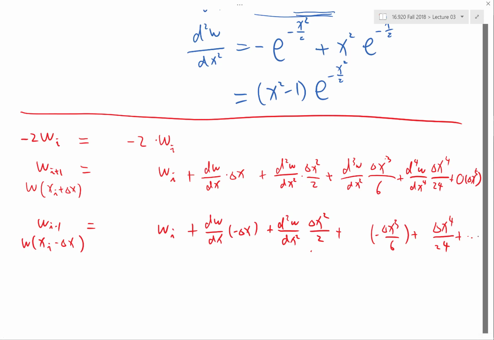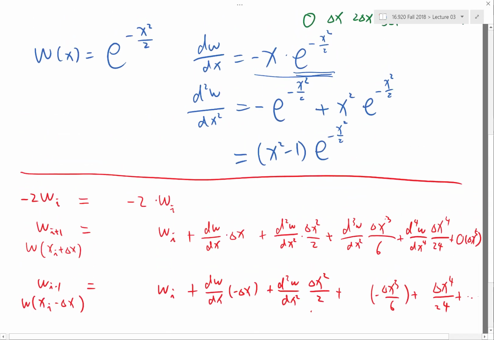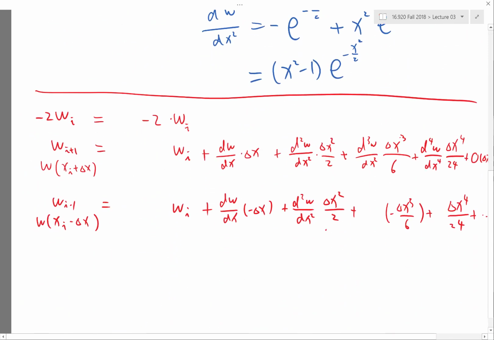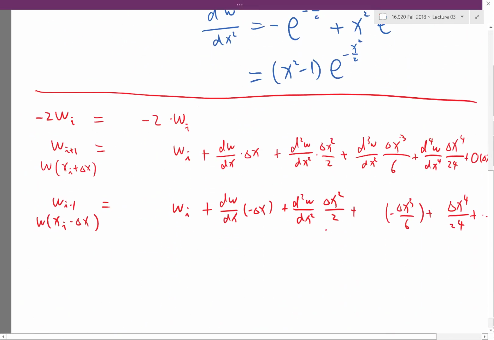That means the big O notation contains a term proportional to a constant times delta x to the 5th, plus potentially another constant times delta x to the 6th, etc.